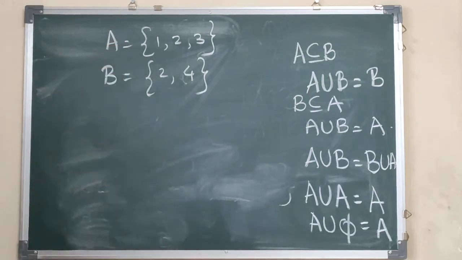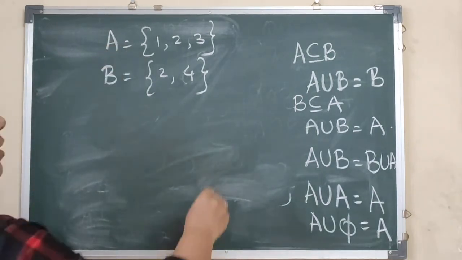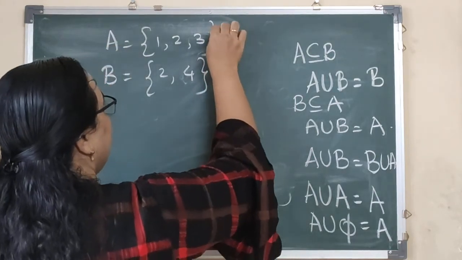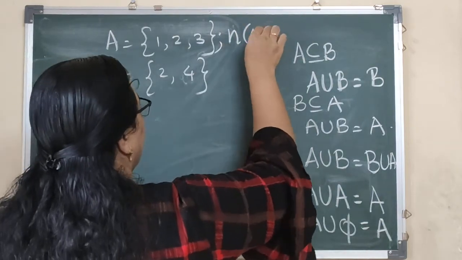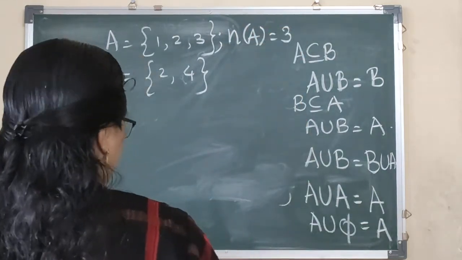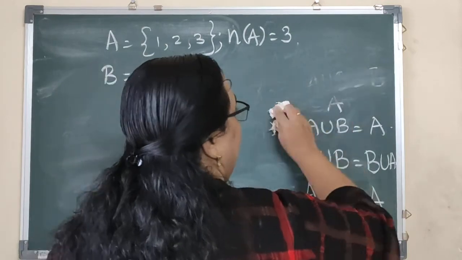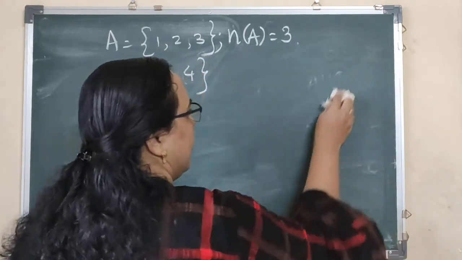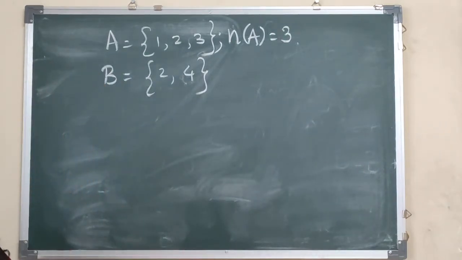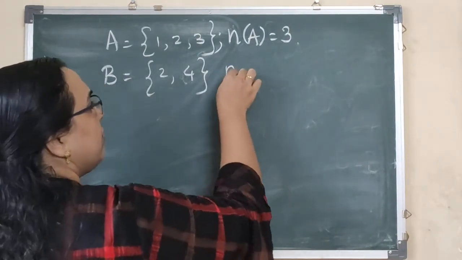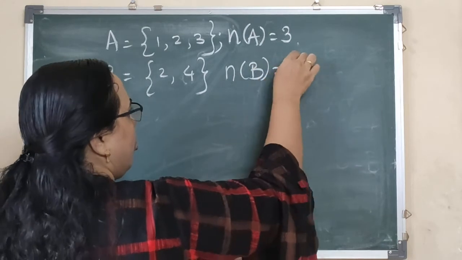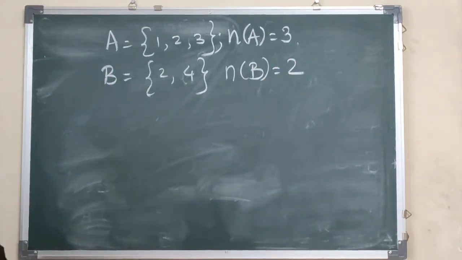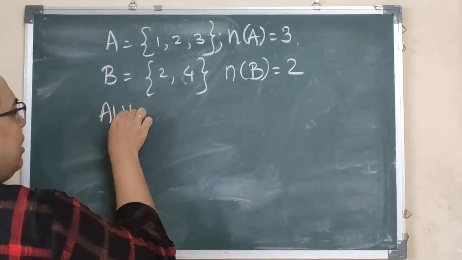In the set A, how many elements are there? Yes, we write it as n of A. How many elements? 3. Very good. What about B? How many elements are there in B? Yes. Number of elements in B is 2. Okay. Now let us find what is A union B.